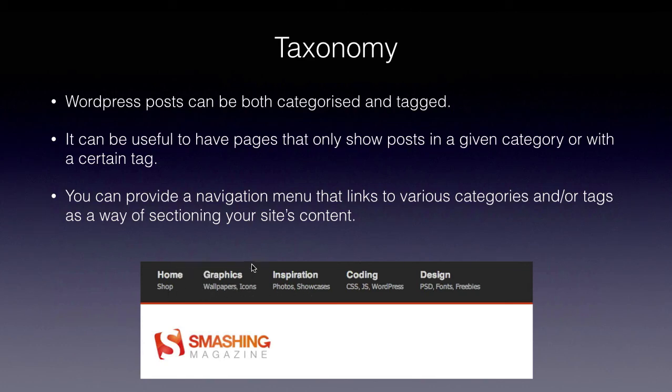So each of these bold menu items will link to a view which shows posts of that particular category, and as far as I'm aware, each of these smaller ones will link to a view which shows only posts tagged with that particular tag also within that category. I think that's how it works in that particular case. But the point is we can use categories and tags to section our content.